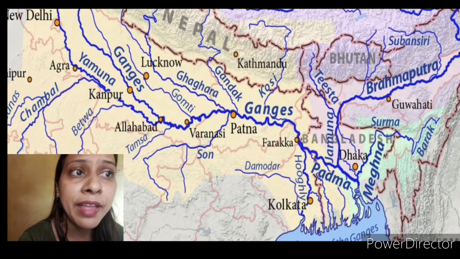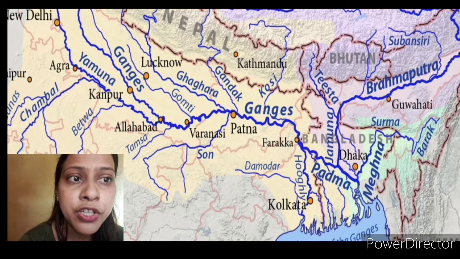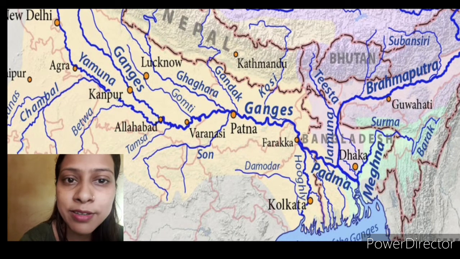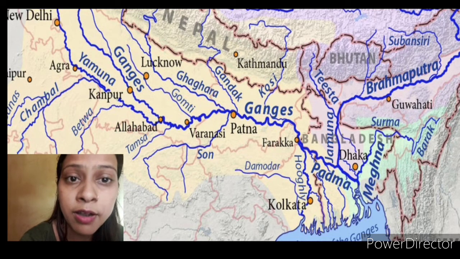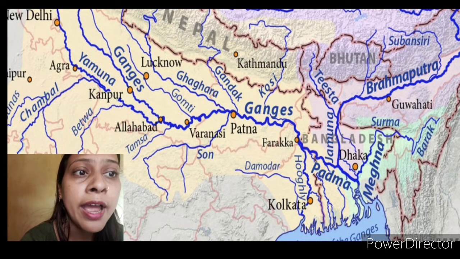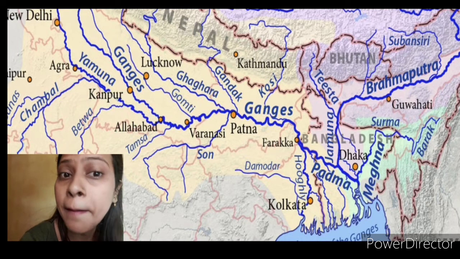All right, and then you can see the Brahmaputra river, which joins river Ganga. So Brahmaputra, while it enters Bangladesh, is known as Jamuna. So Brahmaputra or Jamuna joins river Ganga or Padma in Bangladesh, and after that they are known as Meghna.